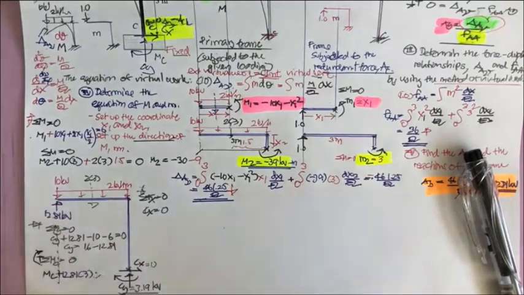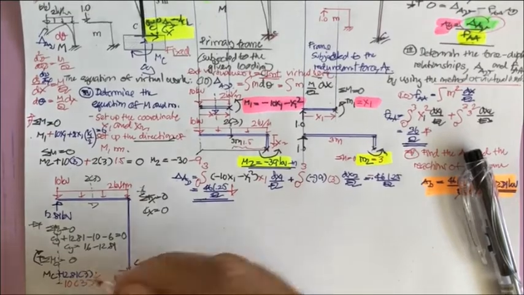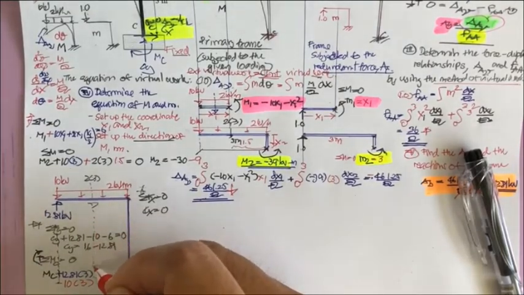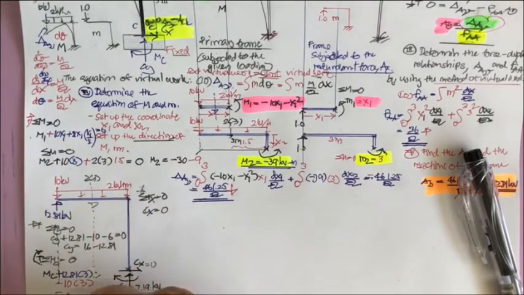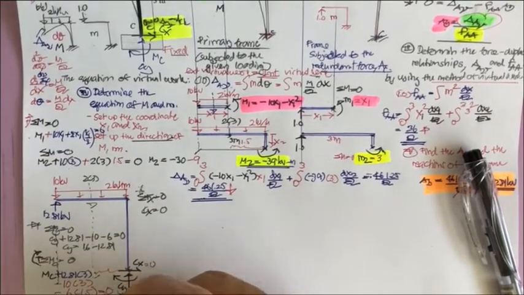And 10 is opposite direction, minus 10 times 3. And this one has direction here, minus 6 times only this time 1.5. And then this is going to be equal to 0.